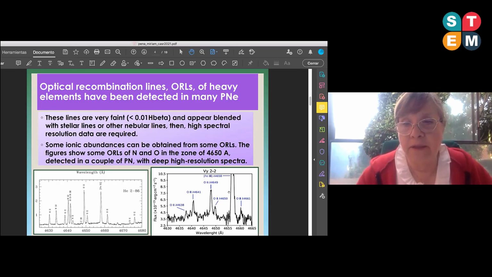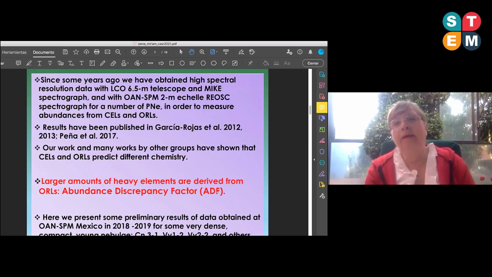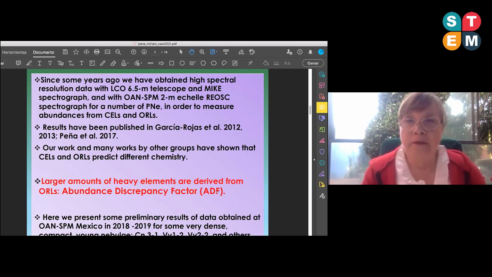Here we have another spectrum. In this case it is NGC 6286, and here is VY2-2. So there are these lines, optical recombination lines, that allow us to determine chemical abundances.